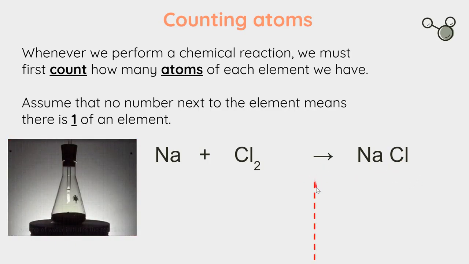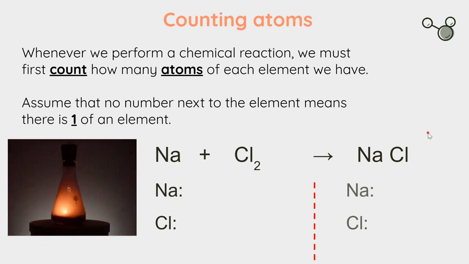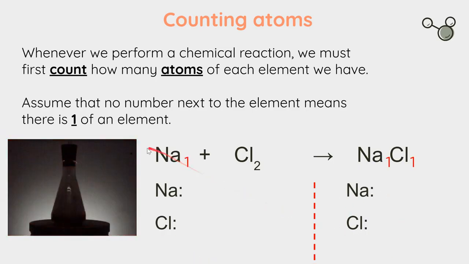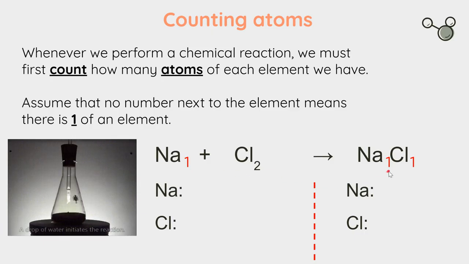First, I'll set up a line down from that arrow, separating the reactants and the products. I'll then put spaces where I can count my amount of atoms, and I'll arrange it in the same order, NaCl on the left, NaCl on the right. I then write in my ones next to any element that doesn't have a number already. You don't have to do this step, but it makes it a little easier.